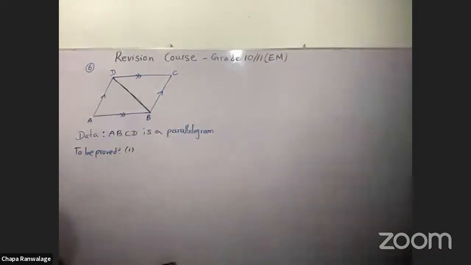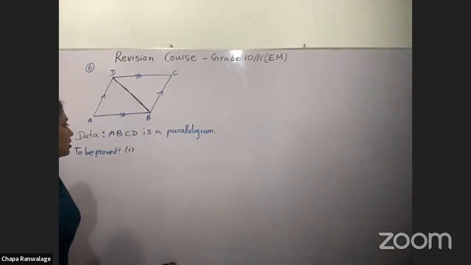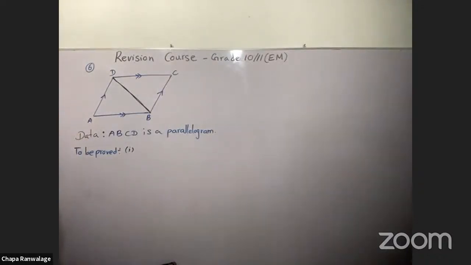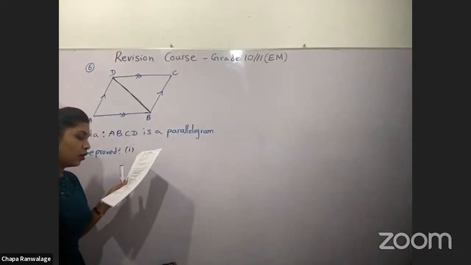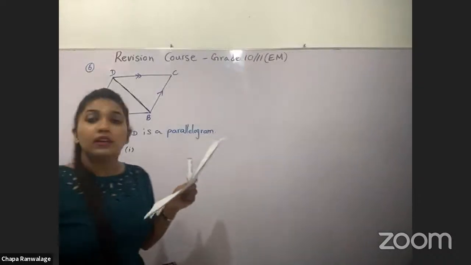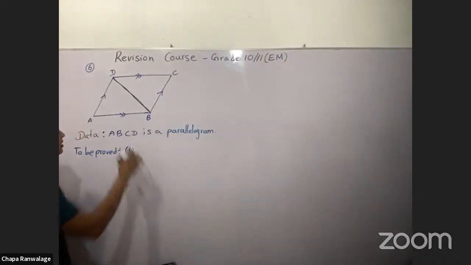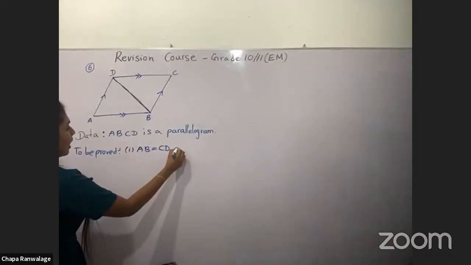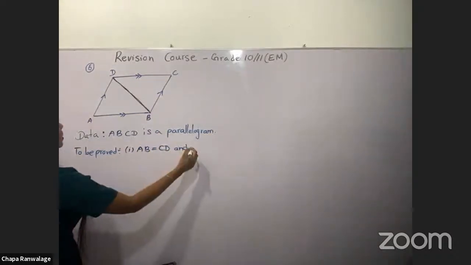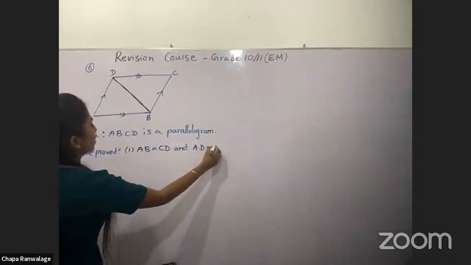By considering this parallelogram, children, tell me, what are the opposite sides? Here I'm going to prove that AB is equal to CD and AD is equal to BC.